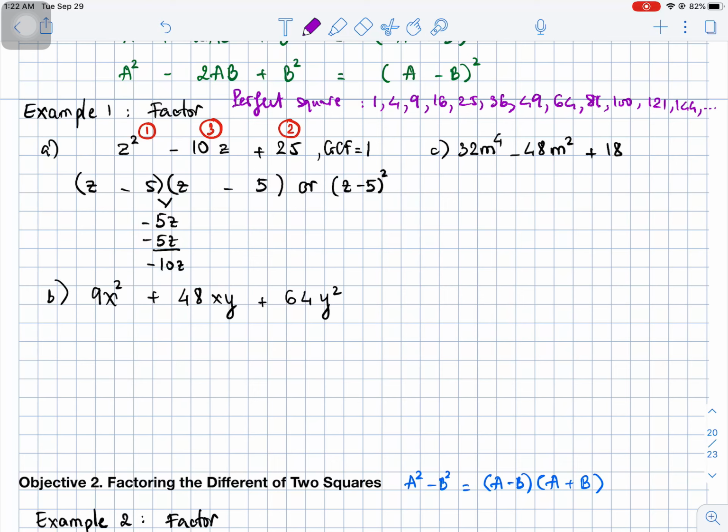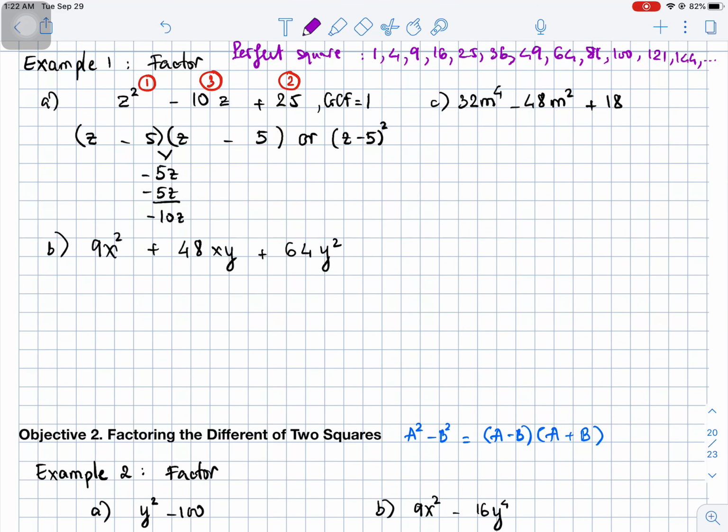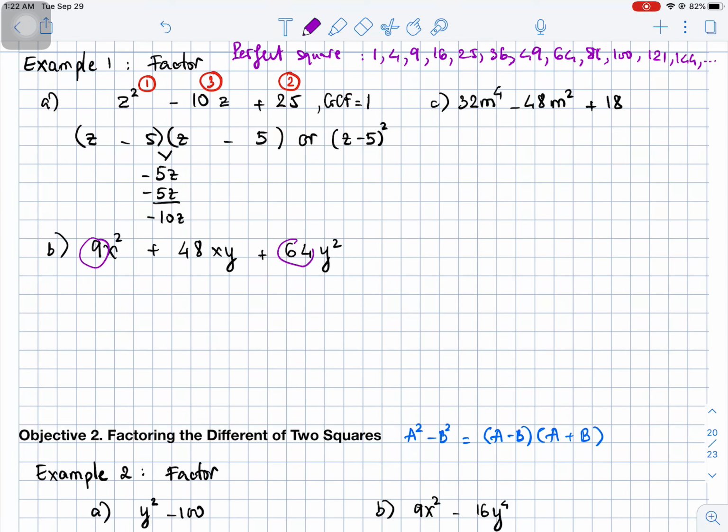We call them perfect square numbers because, for example, 49 is 7 times 7. You get two numbers that are the same, multiplied together.